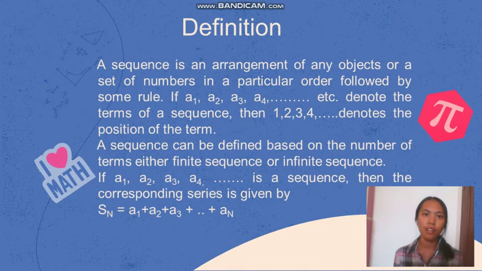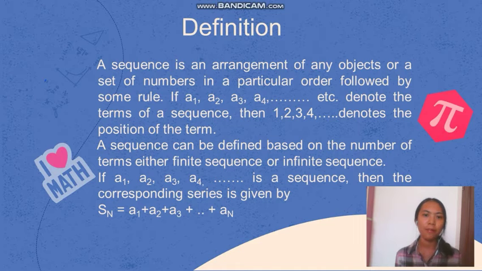So the first is the definition. A sequence is an arrangement of any objects or a set of numbers in a particular order followed by some rule. If A1, A2, A3, A4, etc. denote the terms of a sequence, then 1, 2, 3, 4 denotes the position of the term.